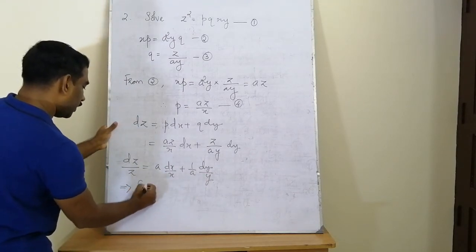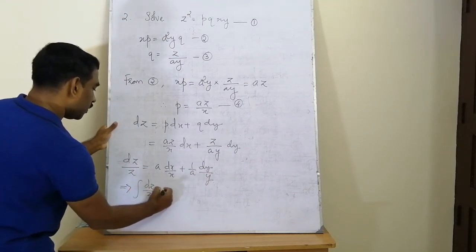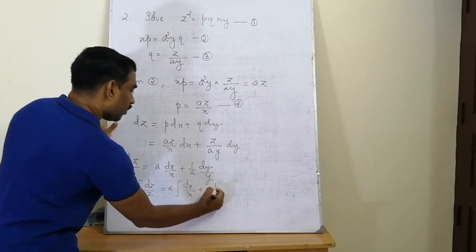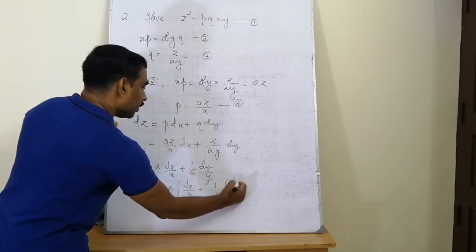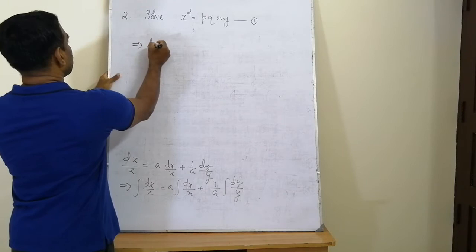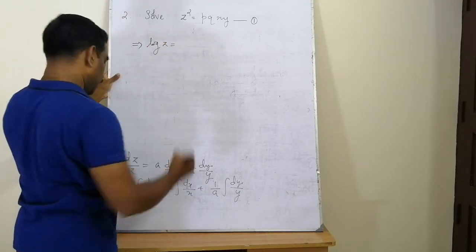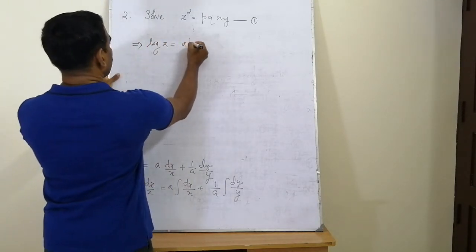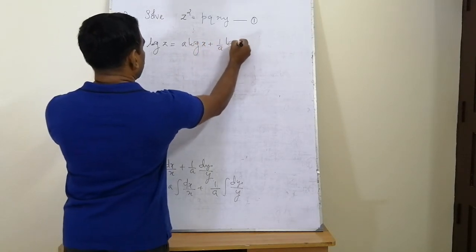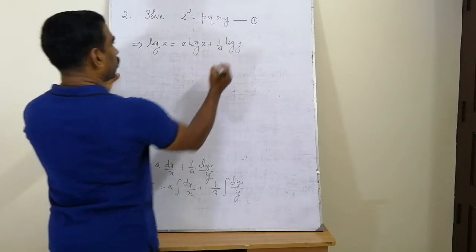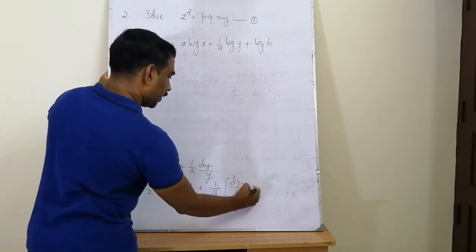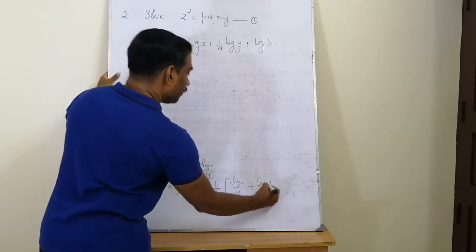On integrating we get integral dz by z is equal to a into integral dx by x plus 1 by a into integral dy by y. This implies log z is equal to a log x plus 1 by a log y plus a constant of integration, say log b.